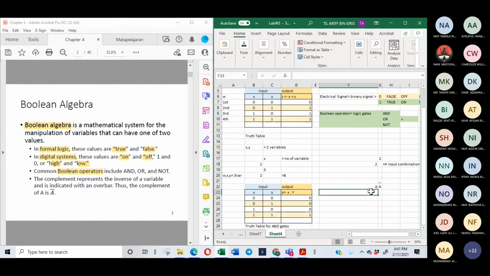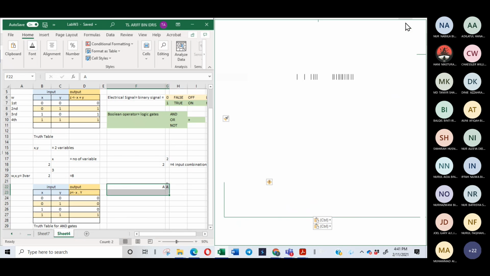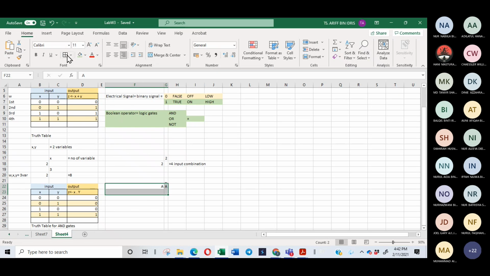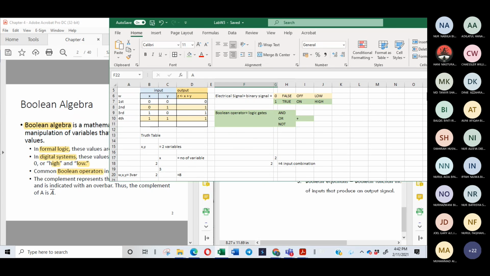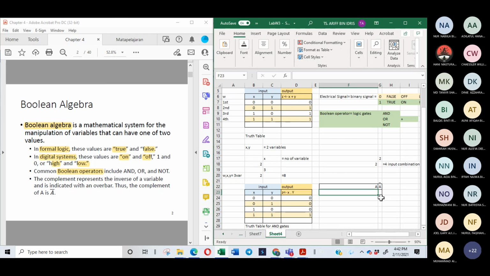So the same goes for A and A bar. We also need to produce the truth table, so I have to put a table here. For the time being, how many variables do we have, class?